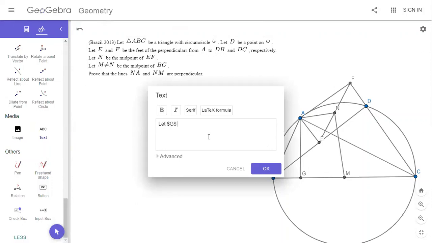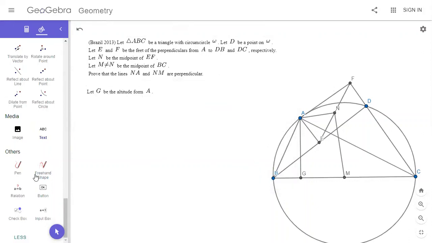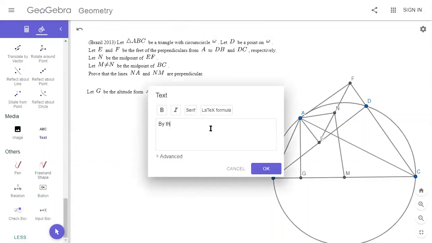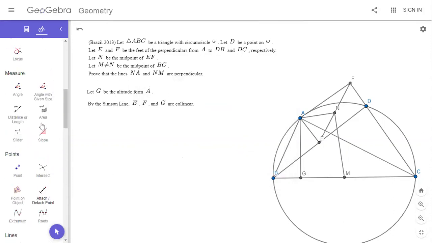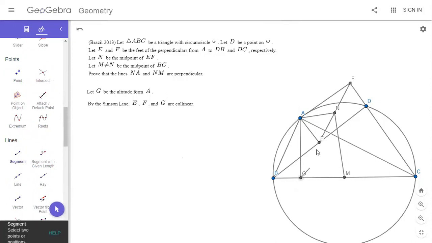Let G be the foot of the altitude from A. By the Simpson line, E, F and G are collinear. I think I've proven that before in my videos.